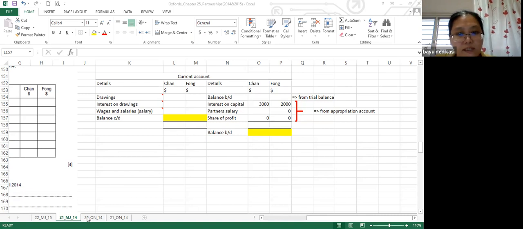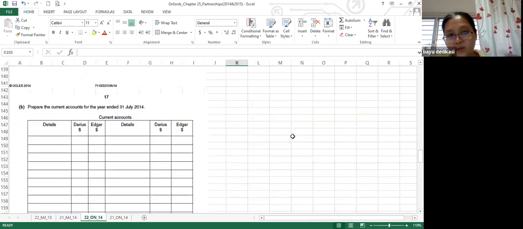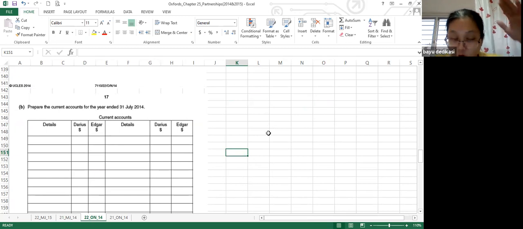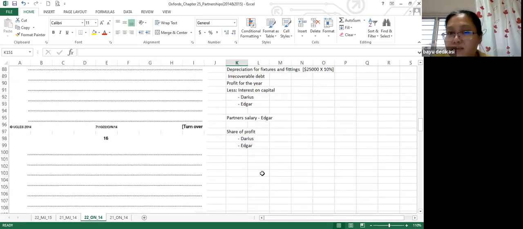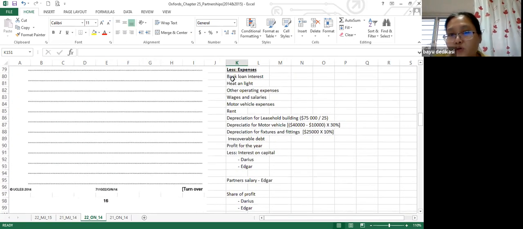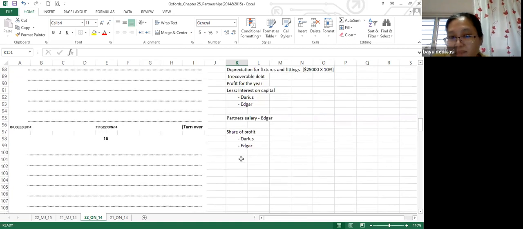Yeah. Now here, the reason why I choose a similar question is because I want you to keep on practicing until you're very familiar with the format. Because these 4 questions are a very complete format. Only the numbers change, the format is the same. So information has been given up to here.